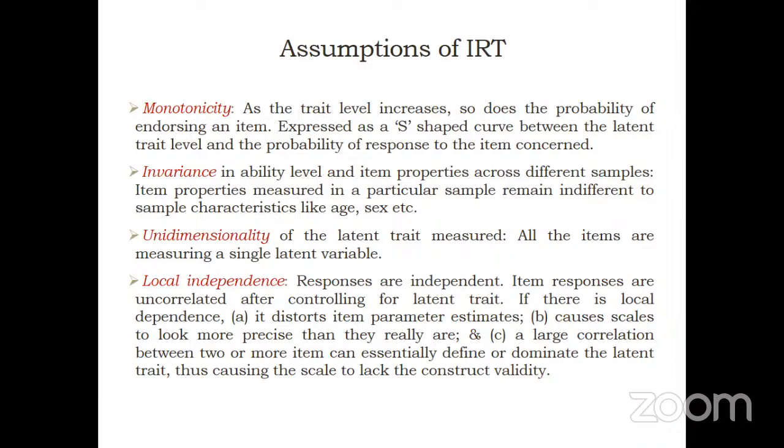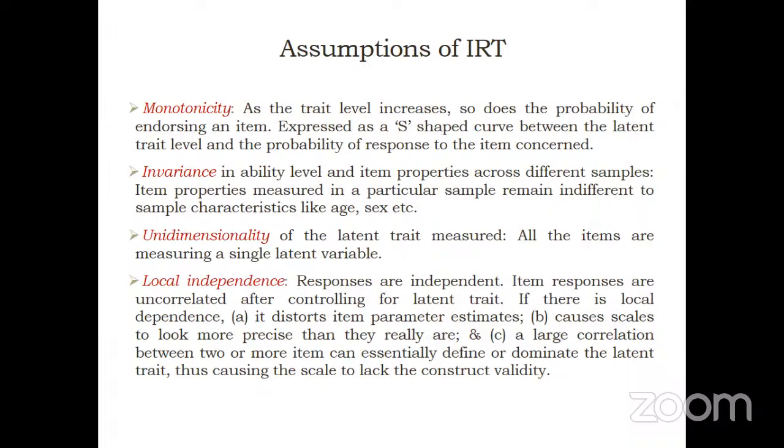So what to do if you have multiple dimensions? Say, for example, in a personality test you have 5 different dimensions, or an intelligence scale with 7 or 10 different dimensions. What will you do then? In such a case, you have to go by the assumptions of IRT, and either go for a dimension-wise IRT fitting, so you fit the IRT model to one single dimension at a time, or you can take all those dimensions together and fit a multi-dimensional IRT model.